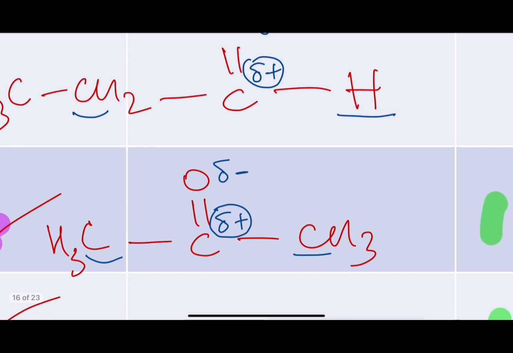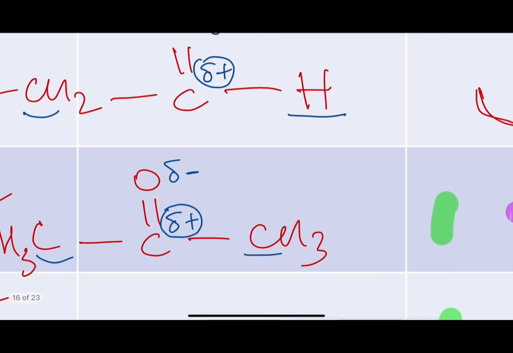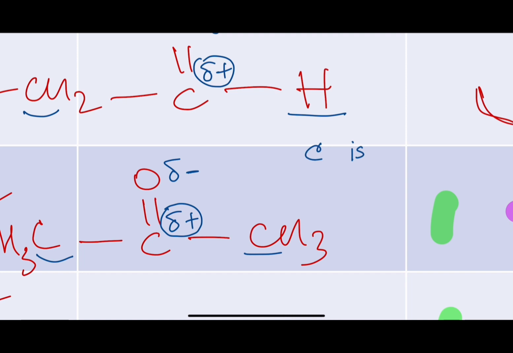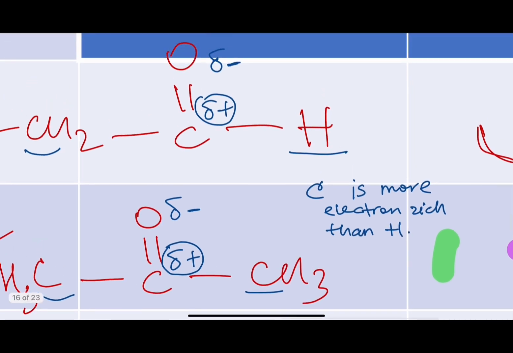So this carbon, as we know, is more electron rich than hydrogen. So in here, carbon having positive charge means that carbon needs electrons, right? But over here, hydrogen doesn't have as many electrons as carbon.